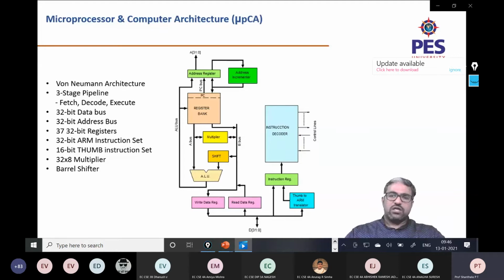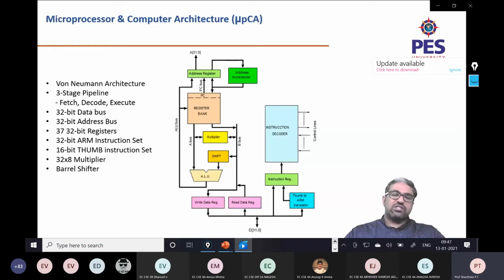We'll look into this in detail in the third unit. Though it is a three-stage pipeline processor, if you want to perform a non-pipelined operation, you can. You will not realize when you write the code whether your instruction is executing in a pipelined fashion or a non-pipelined fashion.